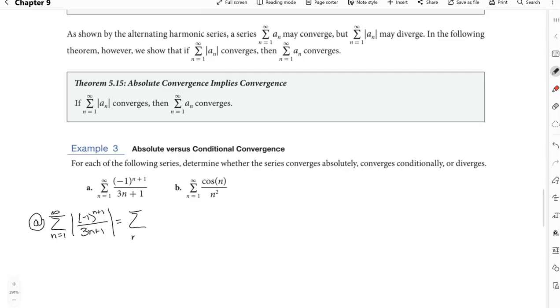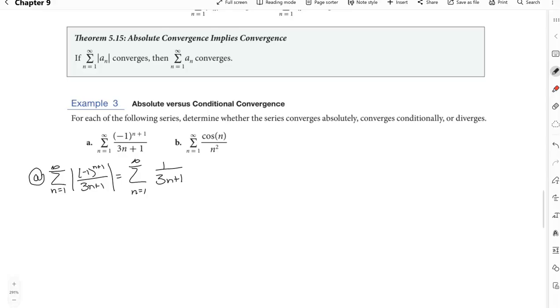And that's going to be the sum from n equals 1 to infinity of 1 over 3n plus 1. So let's do a limit comparison test.